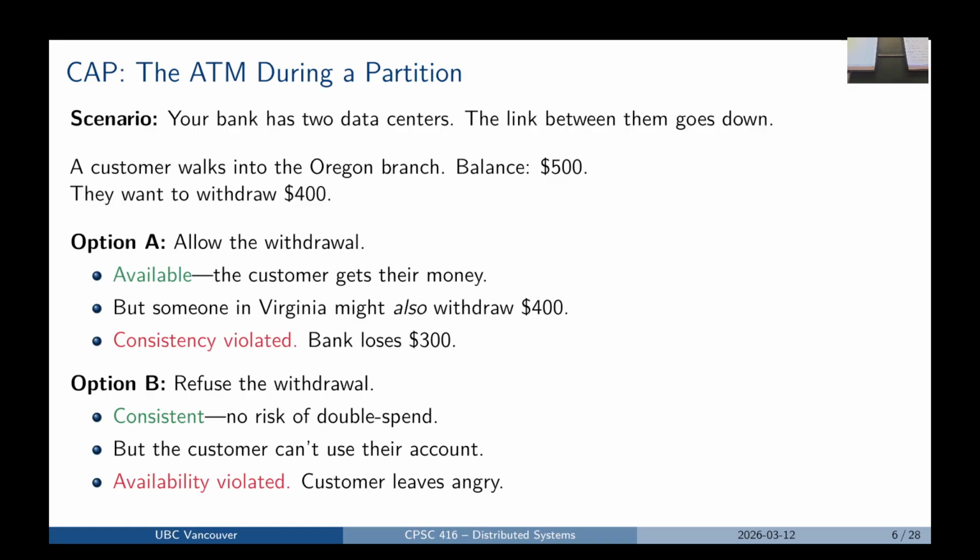Do you allow the withdrawal, even though someone in Virginia, there's a lot of Virginia and Oregon, but that's okay, might also be withdrawing $400 from the same account? Why is it a problem? Because the link went down. Two different data centers aren't talking to each other. So what you have here now is if you refuse, you have consistency. If you allow, you have availability, but you violate consistency. So this is a really clear example of the kind of trade-off we're talking about here.